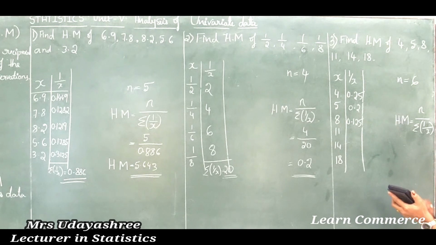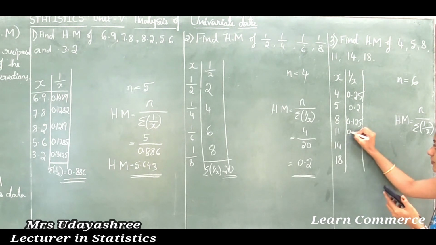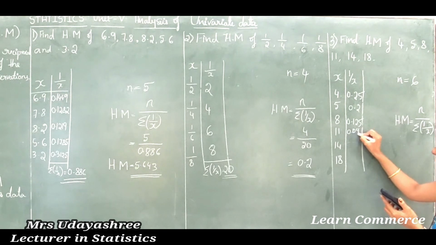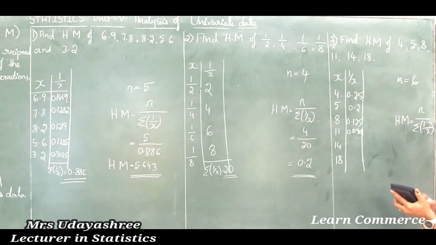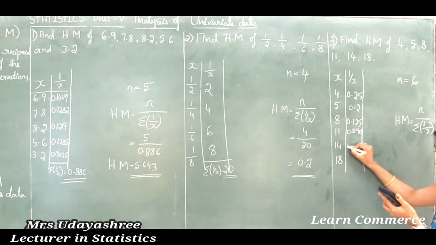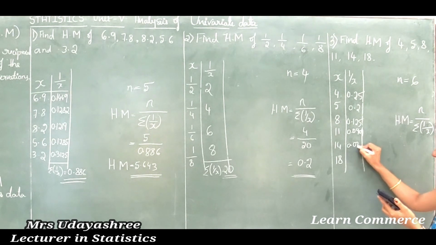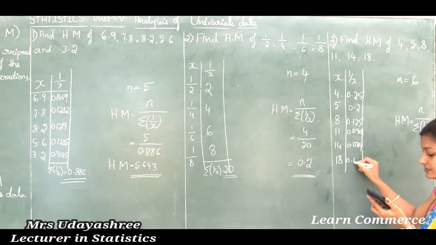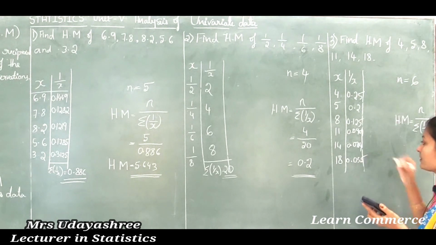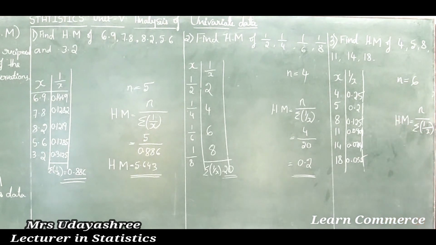Next 1 by 11 is 0.0909. Next 1 by 14 is 0.0714. Next 1 by 18 is 0.055. So these are 1 by x observations.